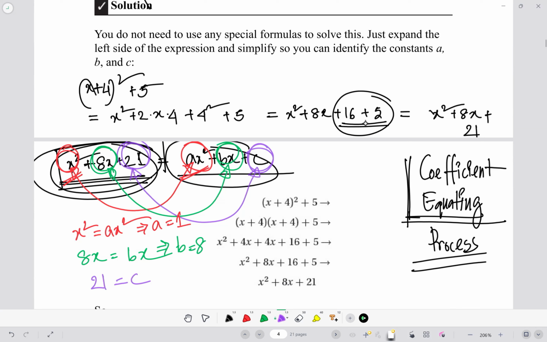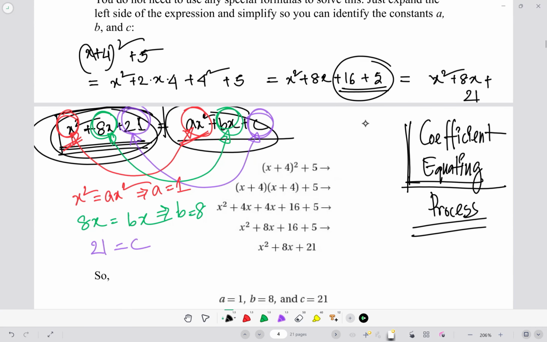If you have a question, you can ask me. No, it's okay, you are just equating. x squared equals ax squared, so a equals 1, because you are just equating. The x and x squared cancel, and a becomes 1. Then x and x cancel, and b becomes 8.